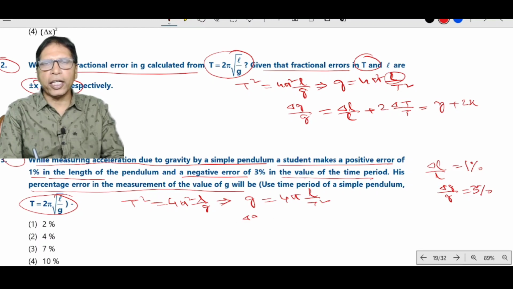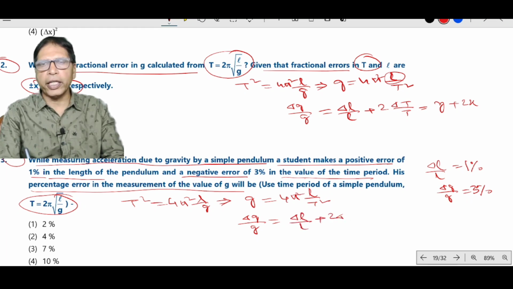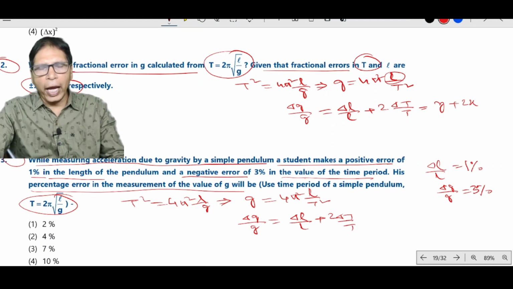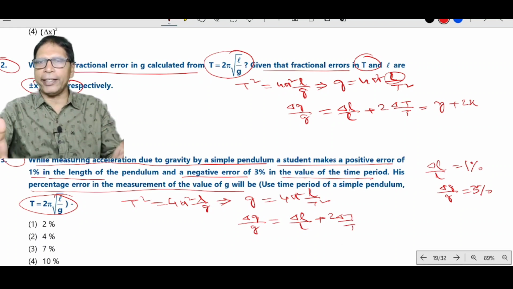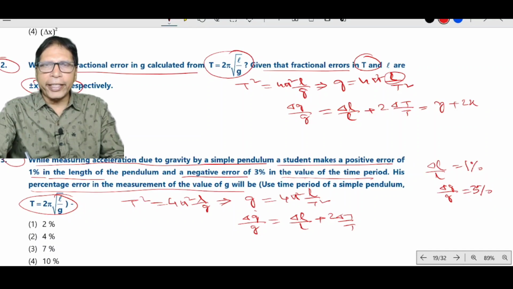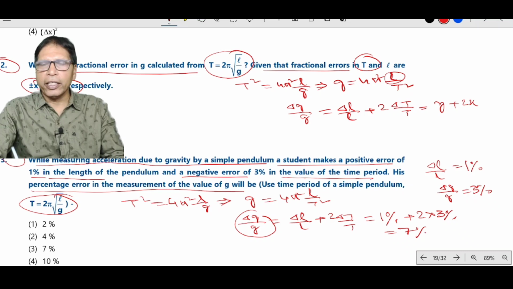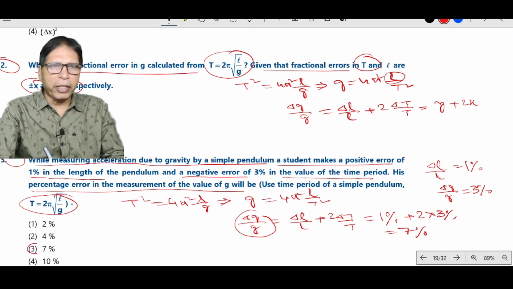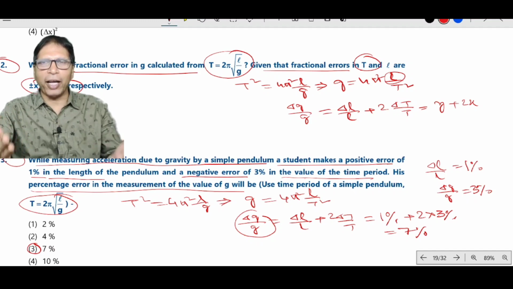So delta g by g equals delta L by L plus 2 delta T by T. Now we have to calculate the maximum percentage error, and the maximum percentage error is never negative. So delta L by L is 1% and 2 into delta T by T is 2 into 3%. So 7% is the maximum error in the measurement of acceleration due to gravity.